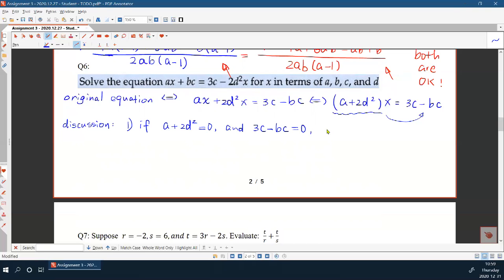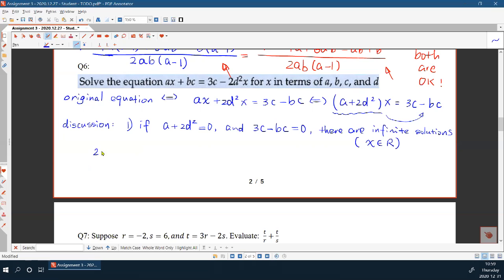So under this situation, there are infinite solutions, right? Which means x could be any real number. Understand? This one is 0, this one is 0. No matter x is, the equation always holds, right?